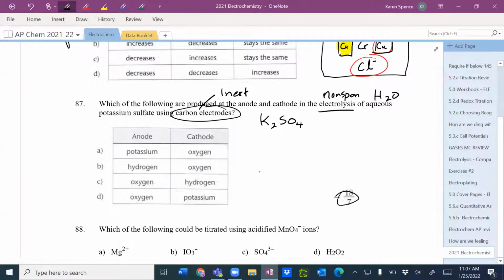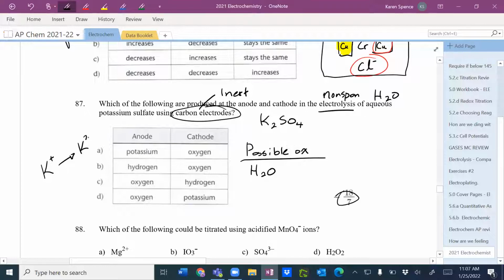So we are looking for possible oxidations. Always water. And if we're looking at oxidation, is it possible for K+ to get oxidized? Can K+ become K2+?